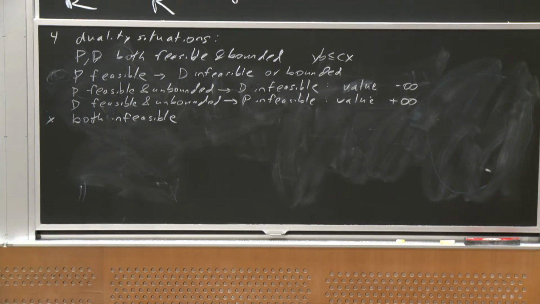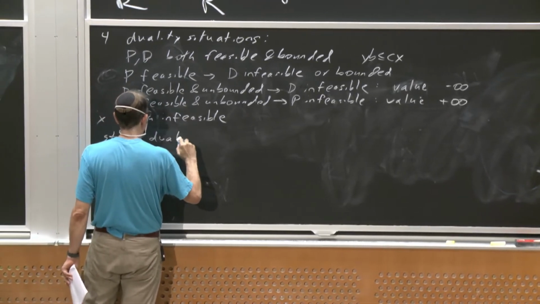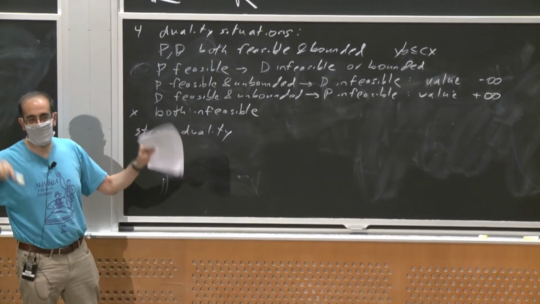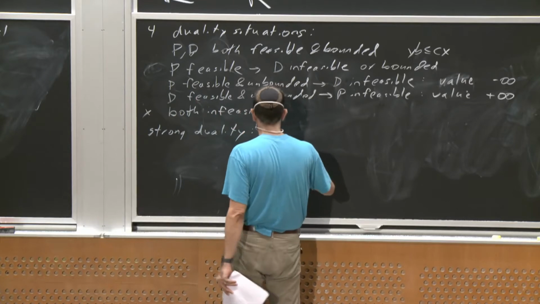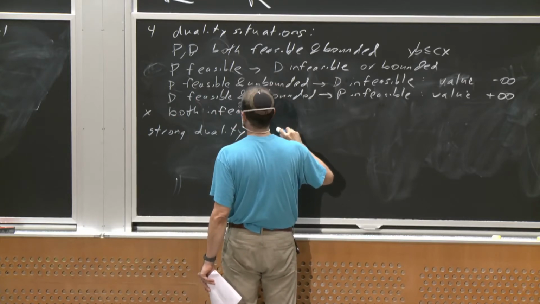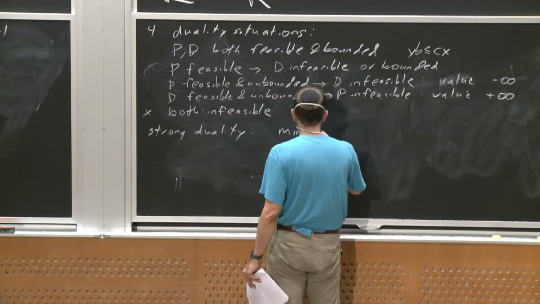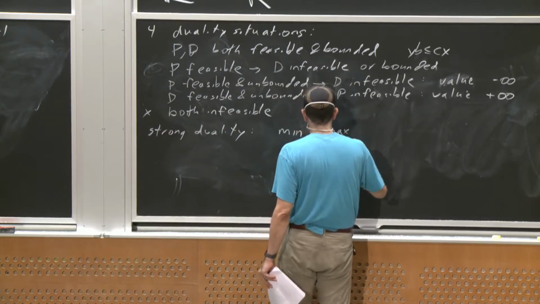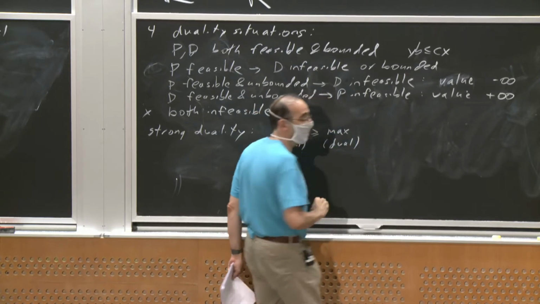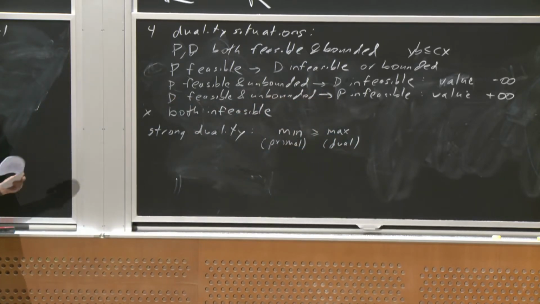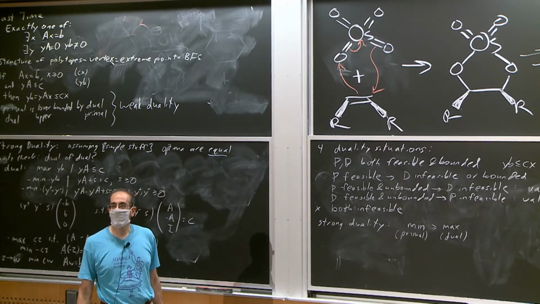But if we X out this one, strong duality is just saying that for all of the other cases, feasible, unbounded, infeasible, the minimization problem, which we see in the primal in this case, is lower bounded by the maximization problem that we get from the dual. And the plus and minus infinity numbers work there as well. Okay? So it's quite concise.